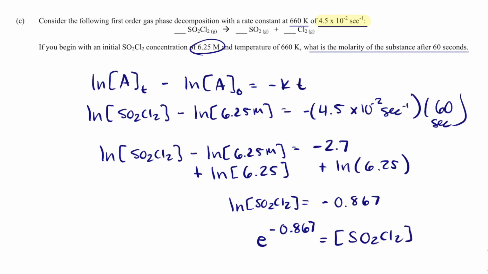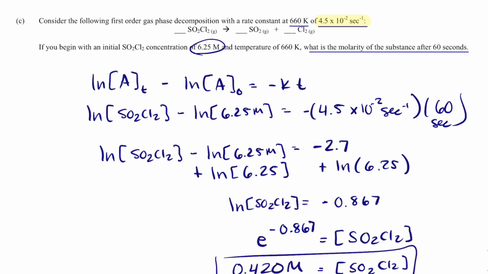And what I got is that the concentration of SO2Cl2 is 0.420 molar. So this must be a very quick reaction because we start with such a large concentration and only after a minute it's so much smaller.